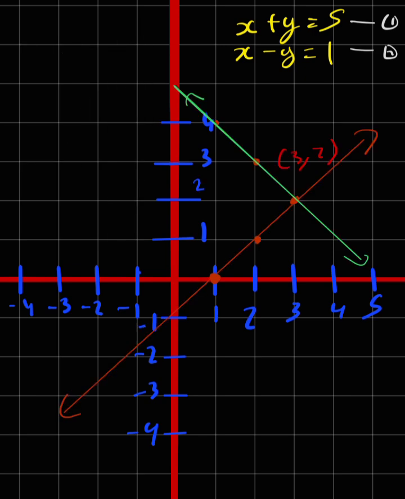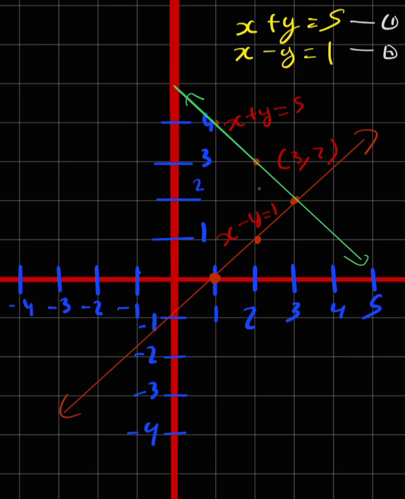So now from here we can see that this line and this line both intersect at 3 comma 2. And this line is x plus y is equal to 5, and this line right here is x minus y is equal to 1.